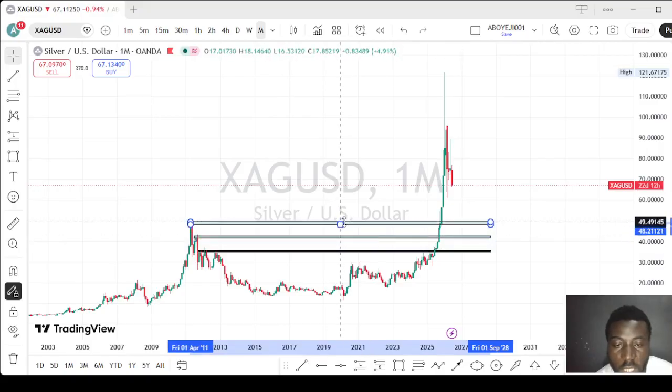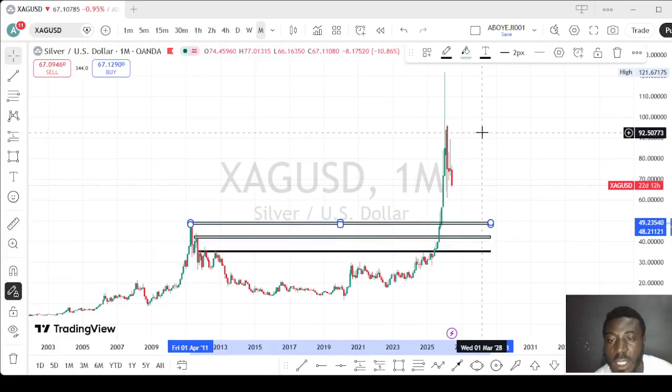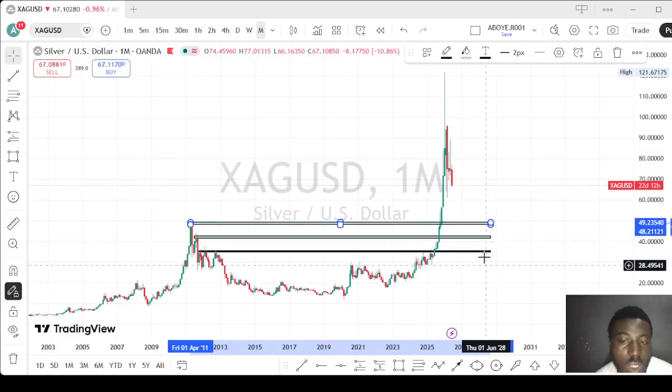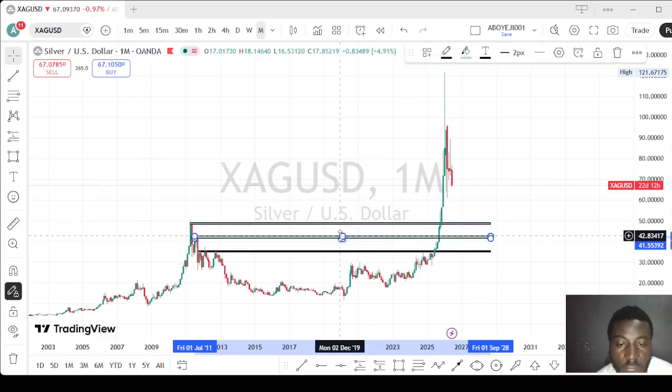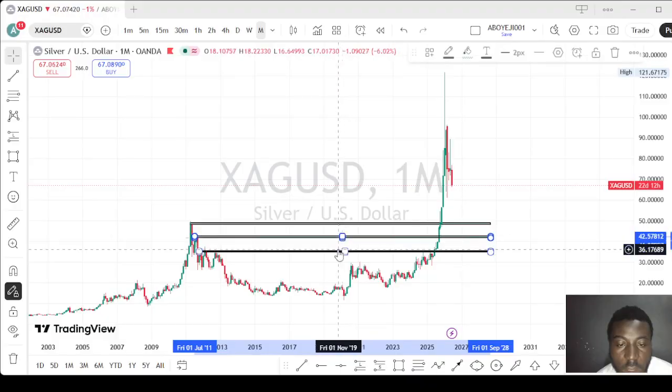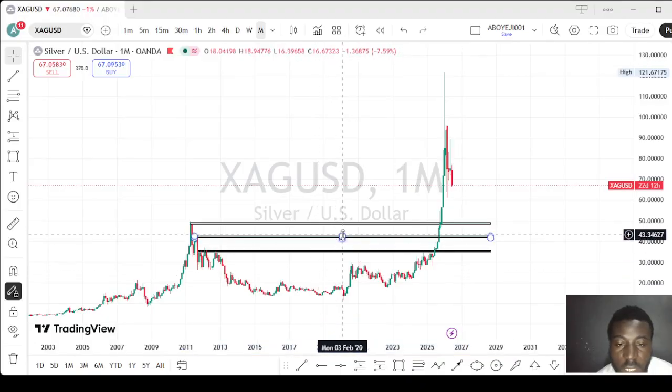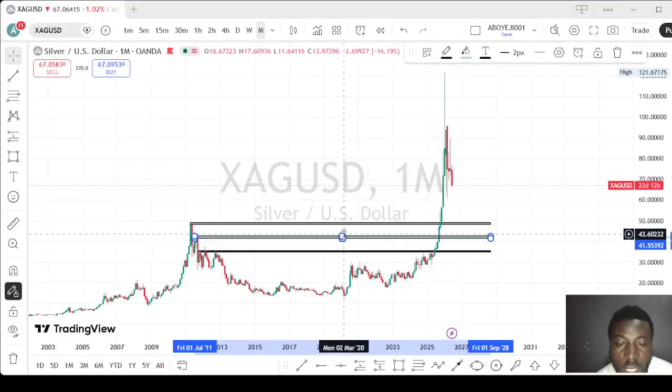So let's be patient and see what the market is doing. The market is giving us a downtrend on the monthly time frame. So let's be focused and see what the market has for us.